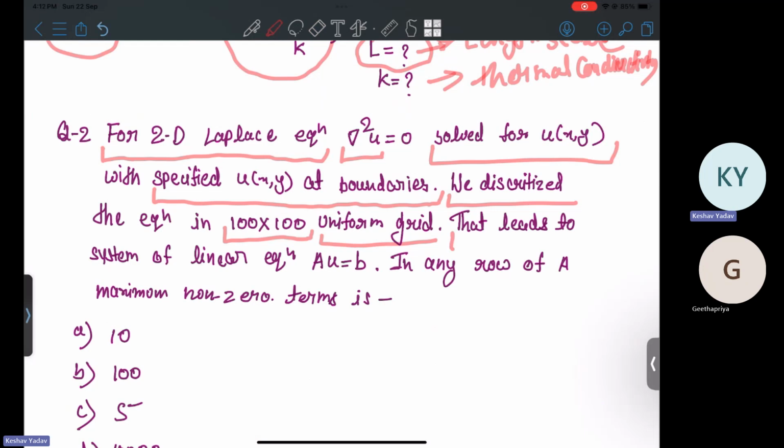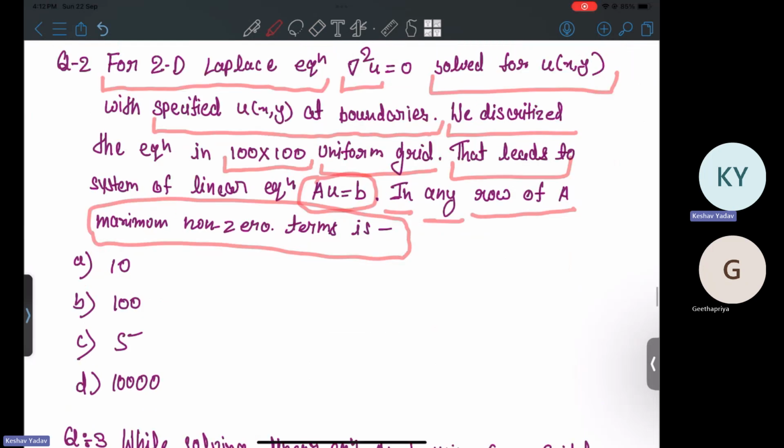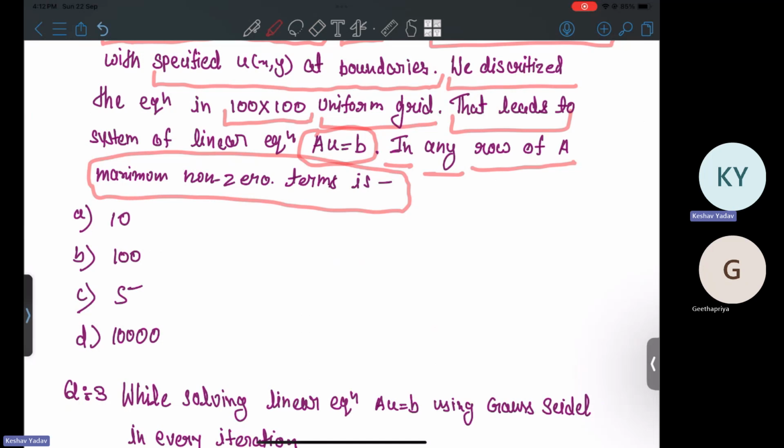That will lead to a system of linear equations Au = b. In any row of A, how many non-zero terms can be present at maximum? Maximum 5. Okay, good.